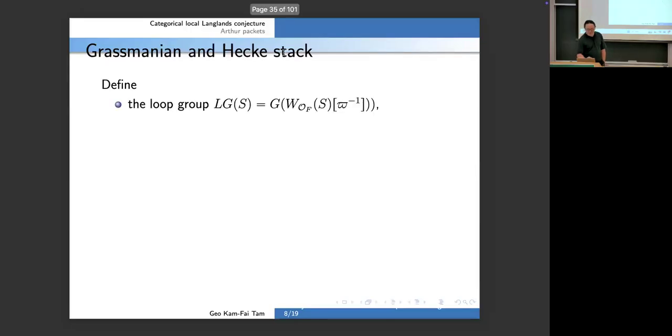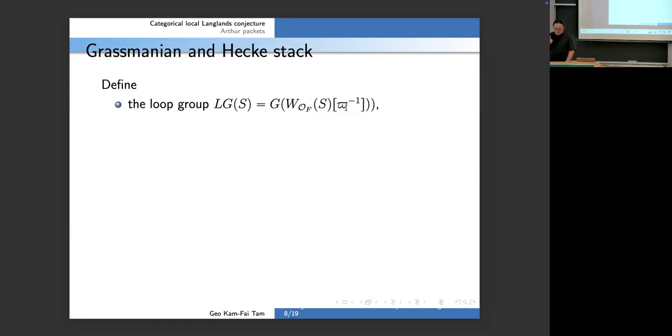So we define this LG, which is the loop group. If you put in a perfectoid space, this is the group with scalars in the Witt ring over O_F, let me see how to explain this. It is the Witt ring generated by S, but you also invert the uniformizer in O_F, so making it a field.